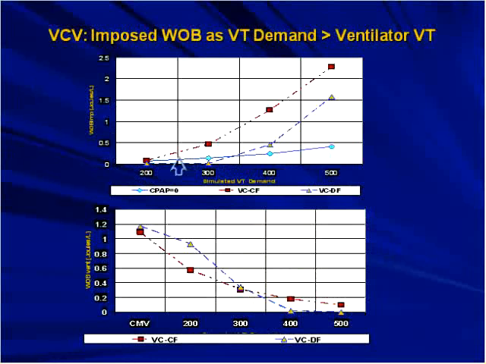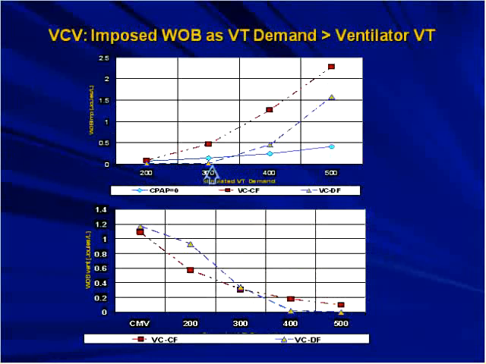Now the red line is volume control with a constant flow, and the gold triangles is volume control with a decelerating flow. And you can see that around 75% of tidal volume demand, where the patient is trying to pull in 75% of what's set on the ventilator, the work of breathing really starts to rise with constant flow and rises almost 5 times normal.